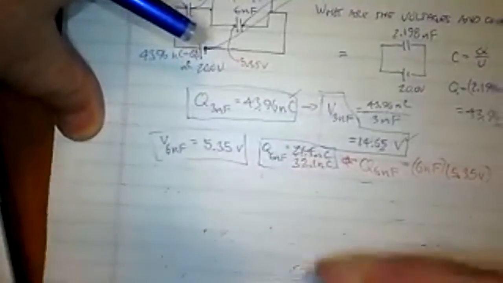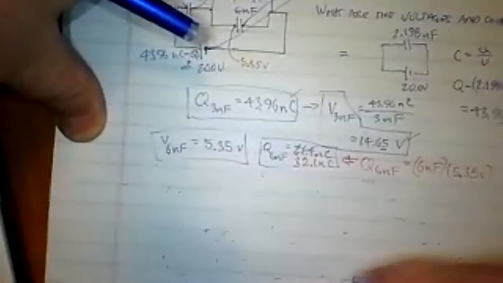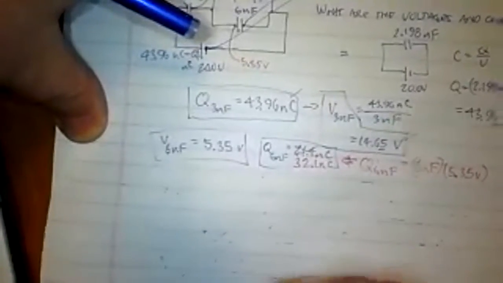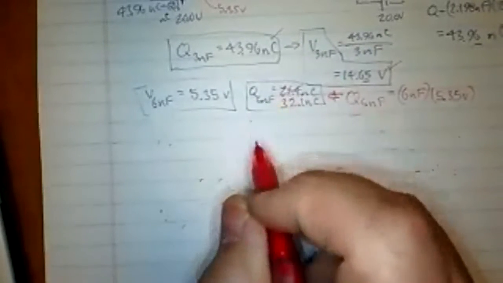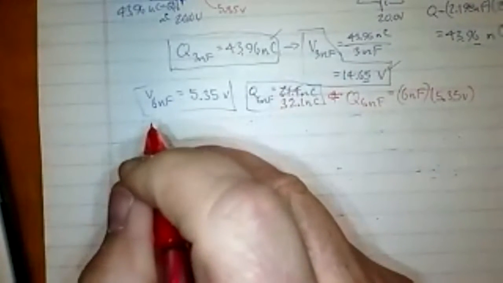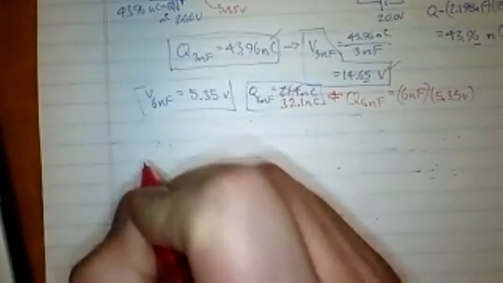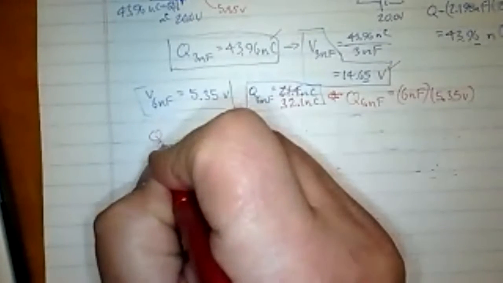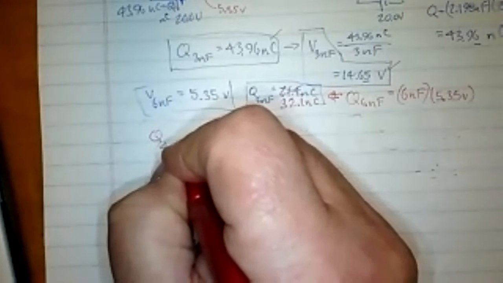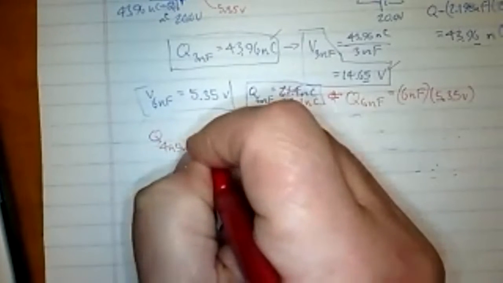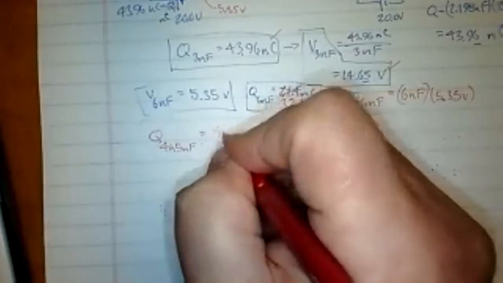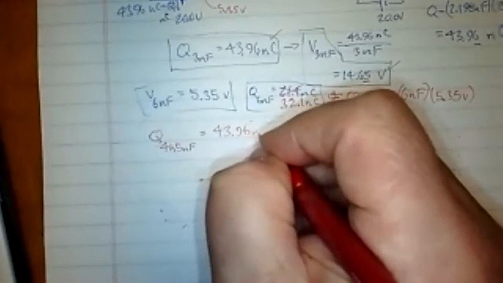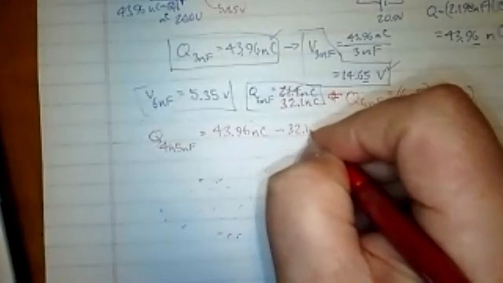So we'll do it the first way, where I won't use that conservation of charge. I'll just use my knowledge of capacitance. So hopefully it'll be clear enough. So now I'm going to say, I know that the Q for the 4 and 5 nanofarad has got to equal 43.96 nanocoulombs minus the 32.1 nanocoulombs. That is something I know.